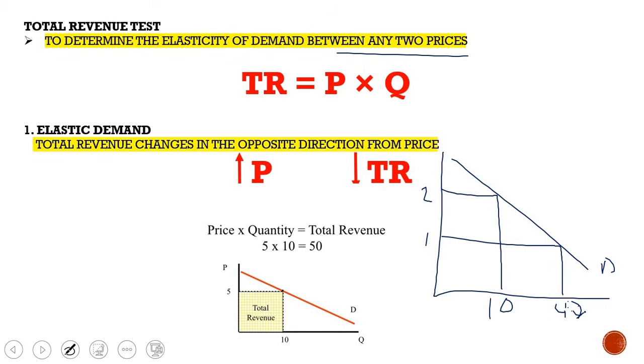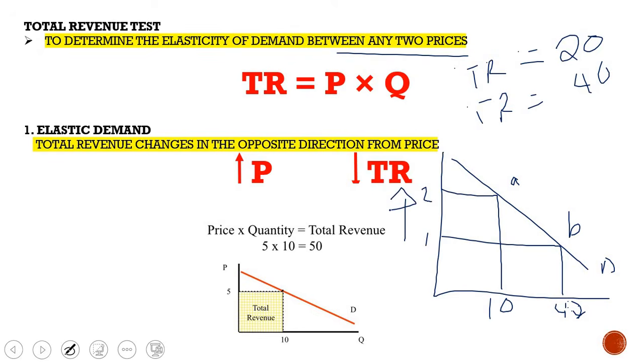Let's make this A and B. To calculate your total revenue, at A your total revenue equals 40, and at B your total revenue equals 20. Can you see that when price increased, our total revenue decreased from 40 to 20?